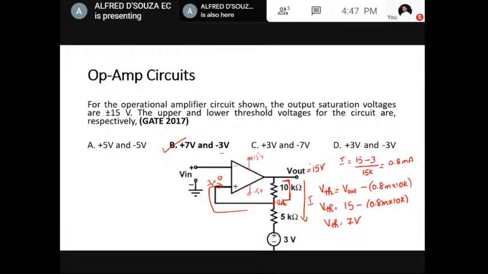When V out is minus 15 volt, I'll rewrite the circuit again. So we have minus 15, and I'll write the polarity like this, 15 volt.